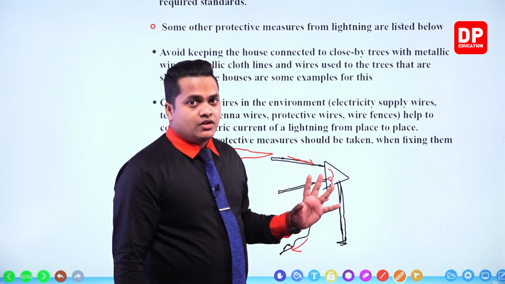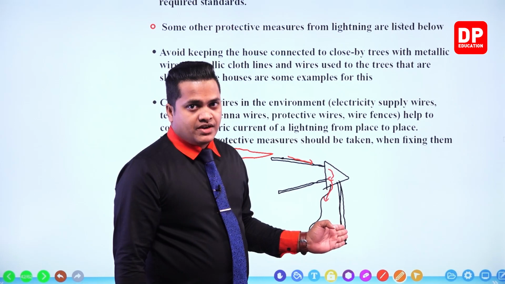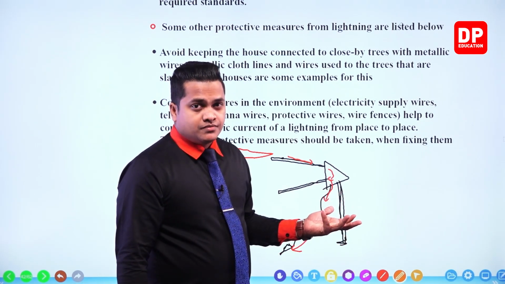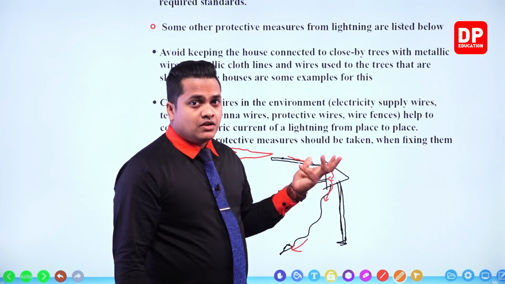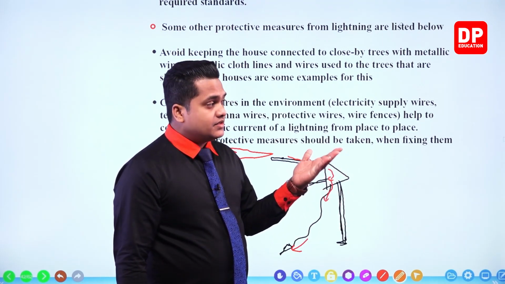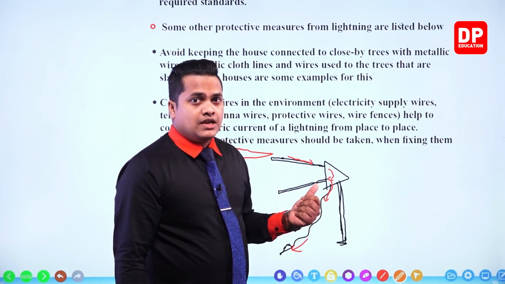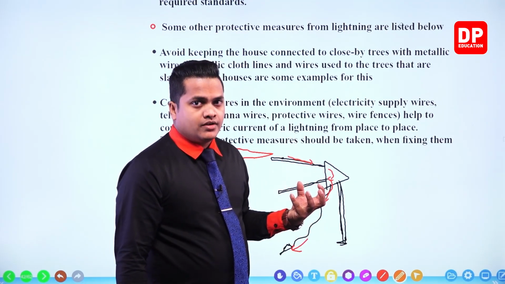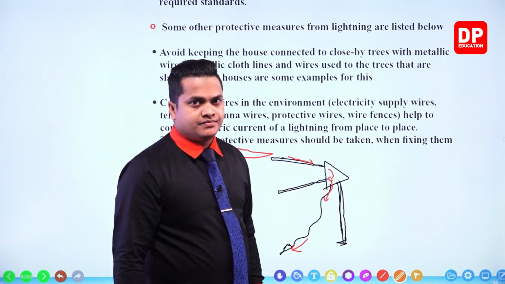Okay. Then not only the television, my dear children, sometimes it may burn out, and sometimes your windows and your house and the walls will also crack because of the impact.